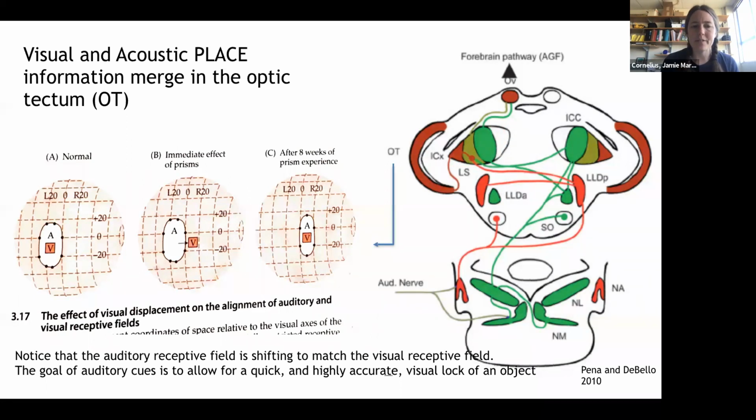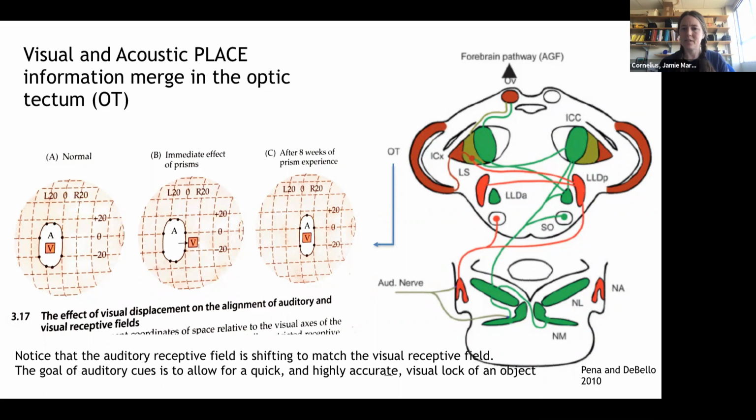If you put on the prisms, then the auditory cue from the same exact spot will cause you to have a sound, but when they look at that place, the visual system has been shifted by the prism, so it's not matching anymore. After 8 weeks, you get a realignment, and what's happened is that the acoustic map has shifted to match the new visual map because of the prism.